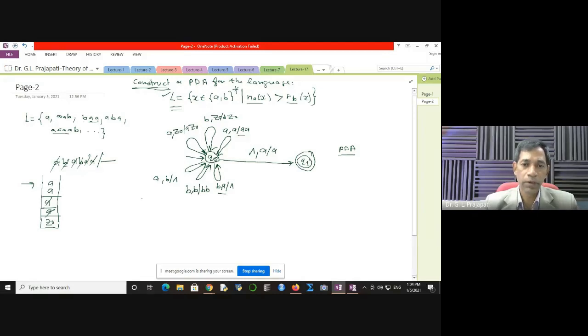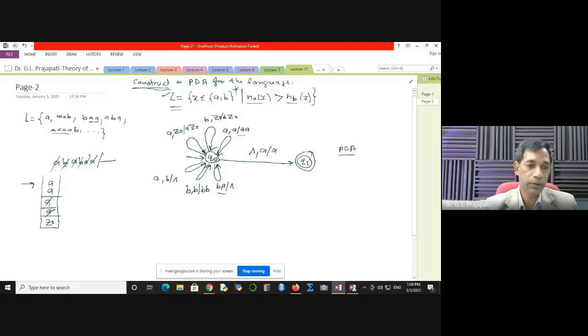Matching is done. Whenever the top symbol of the stack is the same as the input symbol, save it. Once your input exhausts, you have to see what the top is. If top is A, you have more A's than B's. If top is B, this is the reverse case.